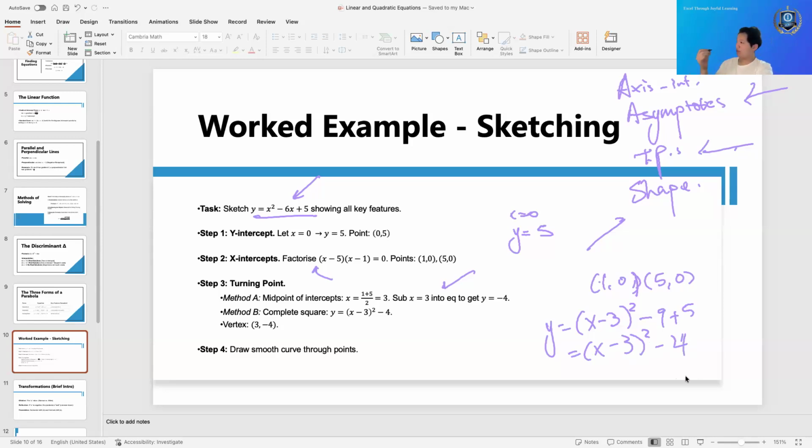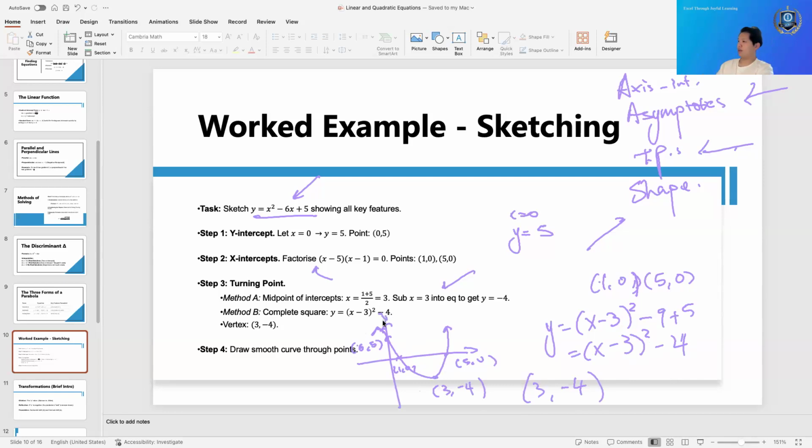That puts it in a very simple and direct form that you could visualize: the turning point is going to be at 3, -4. And then you can immediately start plotting. So you have 0, 5, you got 1, 0, you got 5, 0, and you got 3, -4. And there you go. That's your full graph.